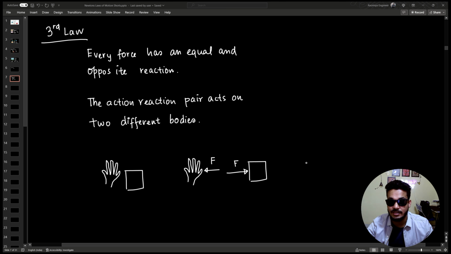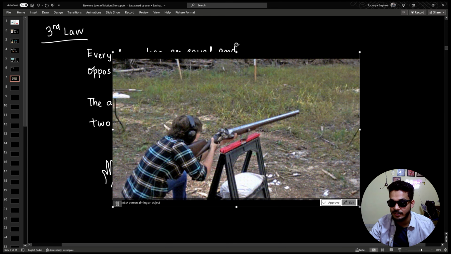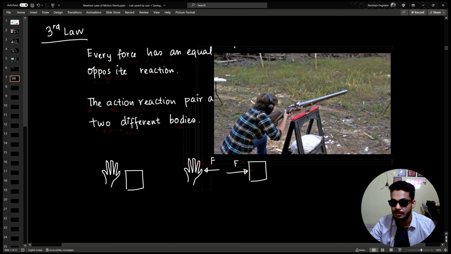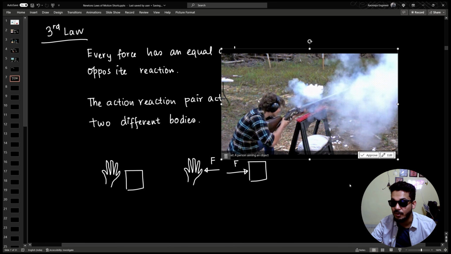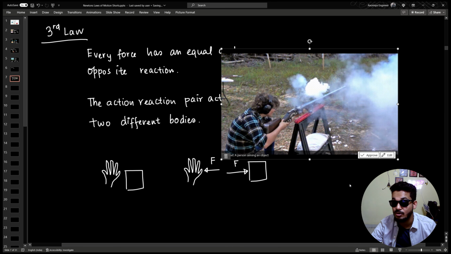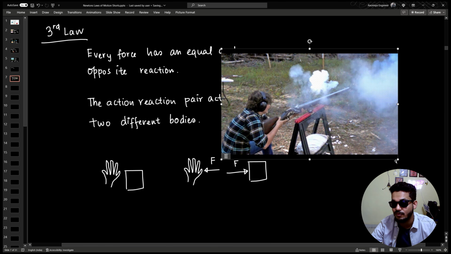Some applications of these would be something like the recoil that a gunman feels. Okay, now look at this animation, or I would say the GIF here. As the bullet leaves, there's a tremendous amount of force that the bullet applies on the gun as well. That's the reason for recoil.